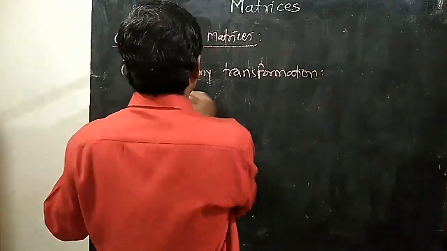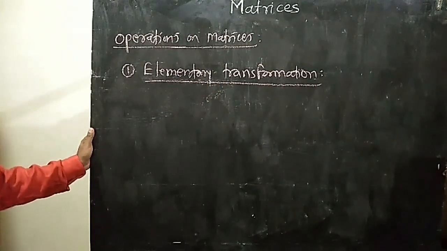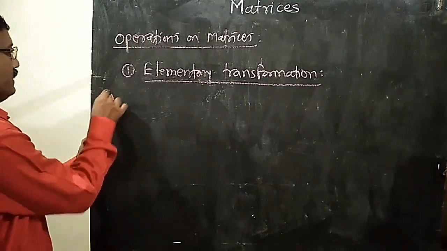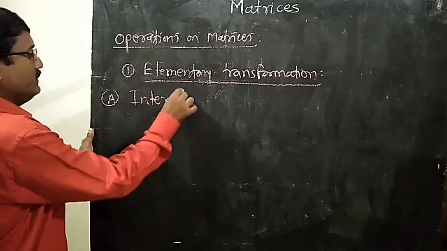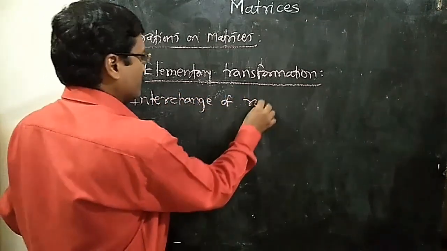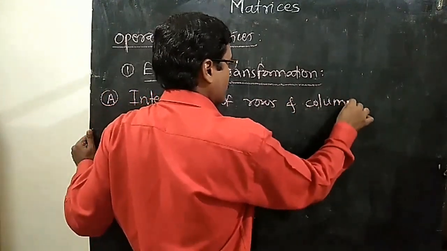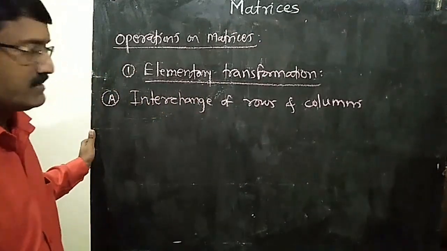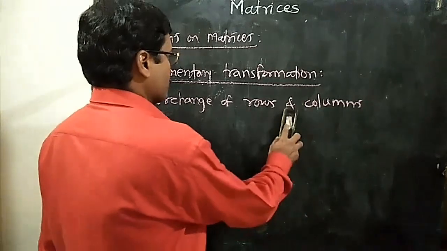We will first see which are our elementary transformations. Let us see the first one, that is A. That is nothing but the interchange of rows or columns. We can interchange any two rows or columns.